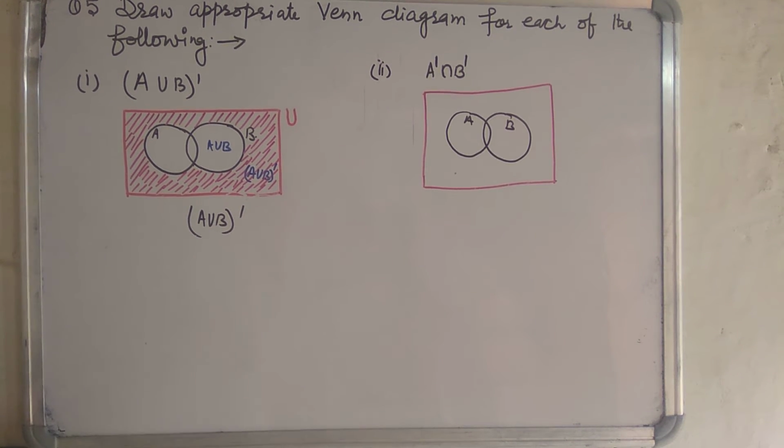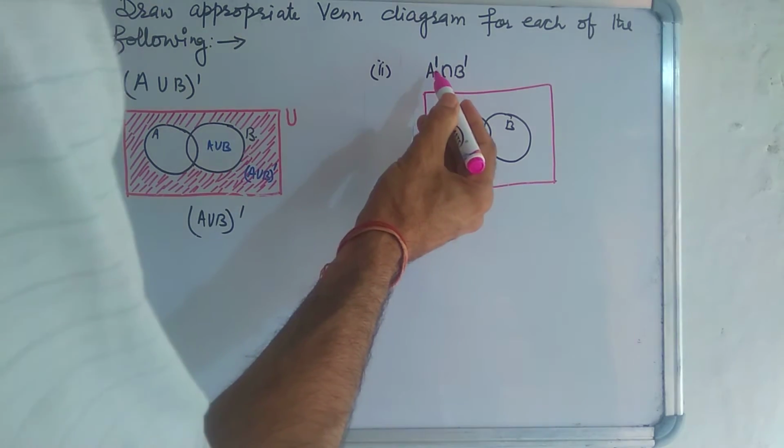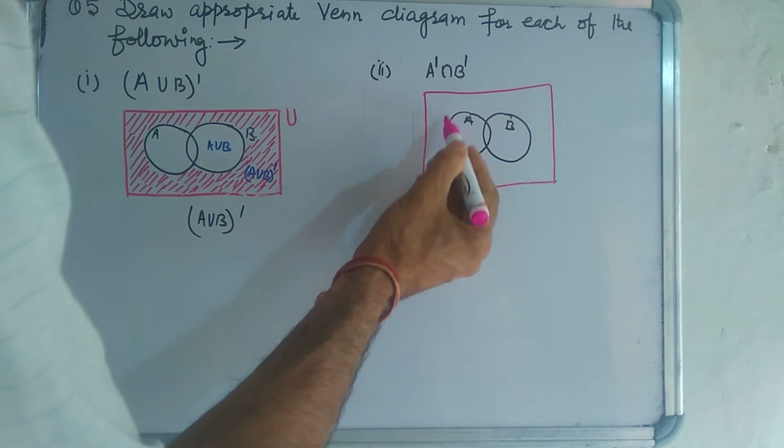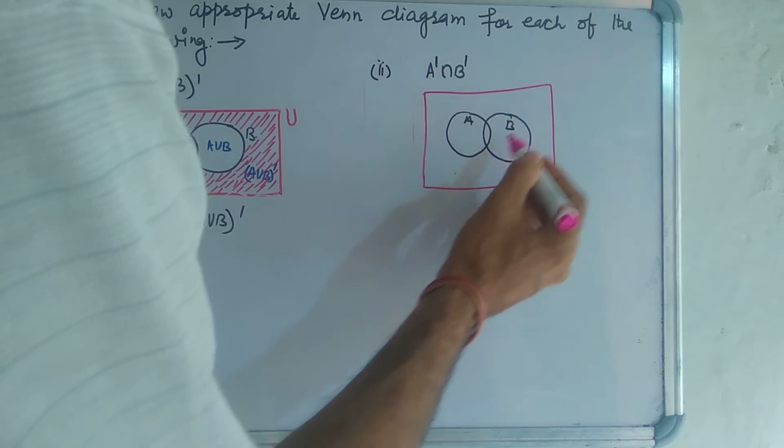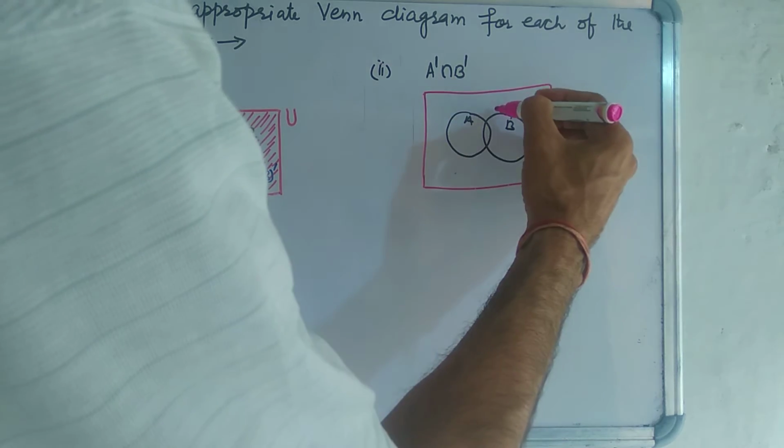Now in A dash intersection B, the complement of A is the outside portion, and B dash is the outside of B, so the common portion is outside.